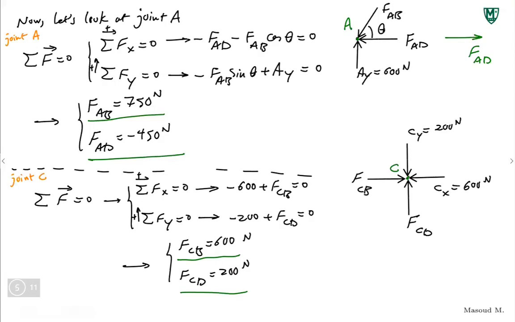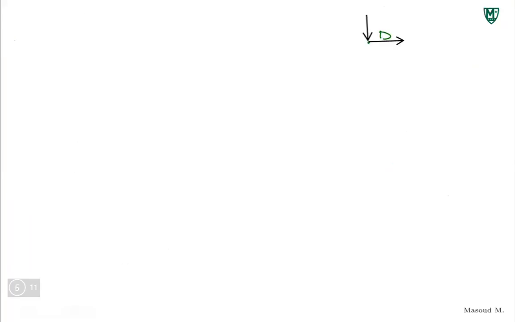We had it in this direction. To check the number, we had the force FDA and the members FBD and FCD. So let's see what we got. Well, FCD we know is under compression. So I'm just going to put it here. This would be FCD. And this is my 600 newtons.